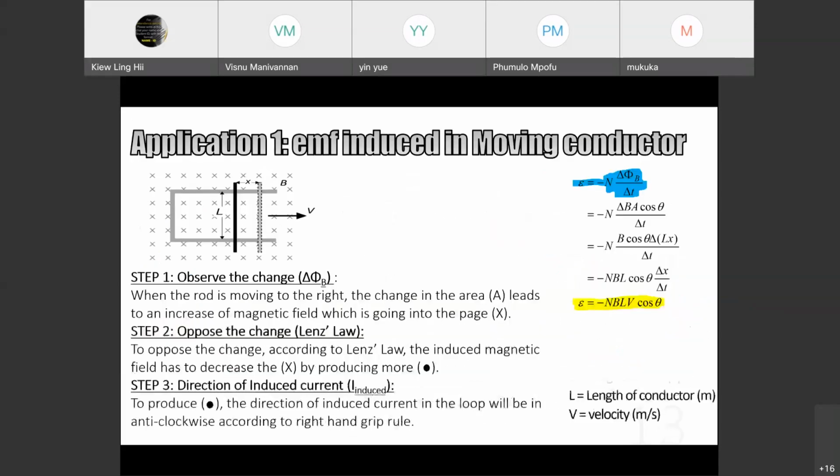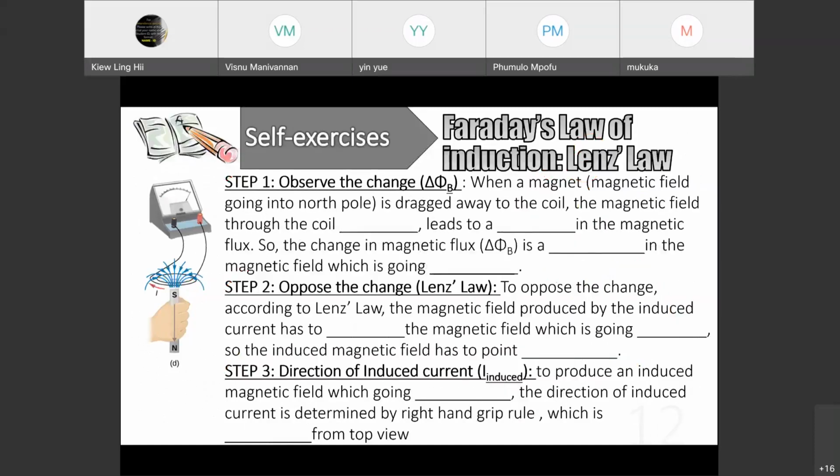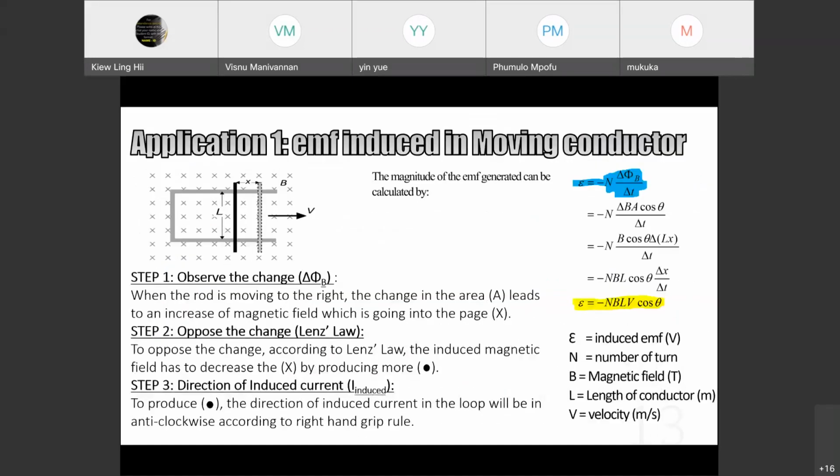Let's have a break of 5 minutes while perhaps you can try these 2 questions, before we move on to the application. So come back at 10:25.